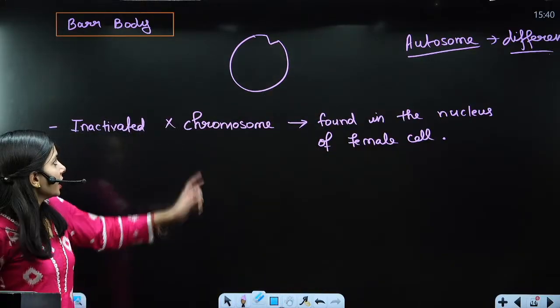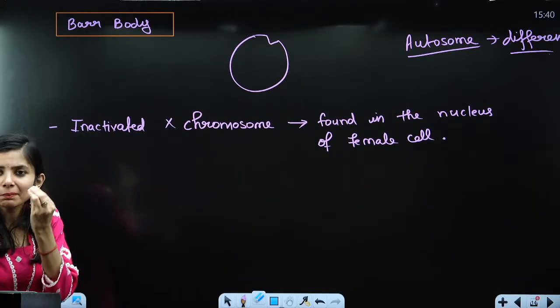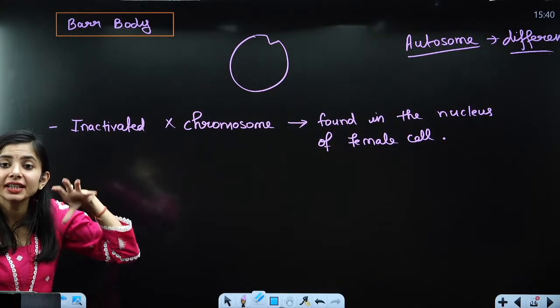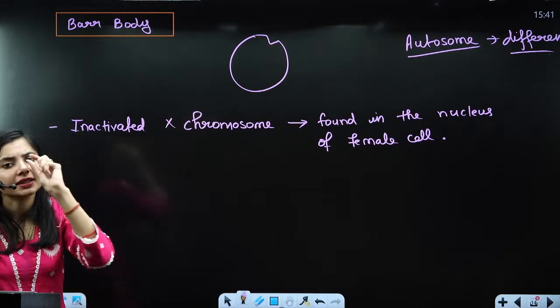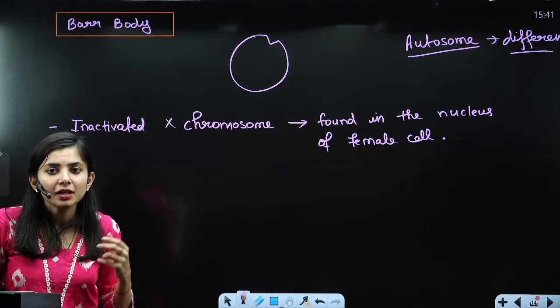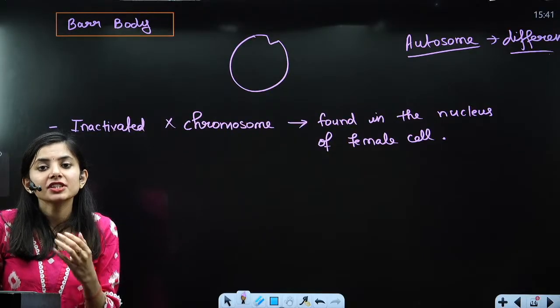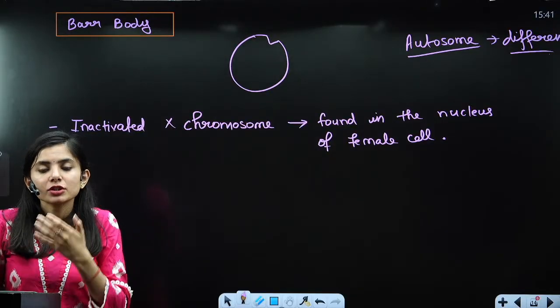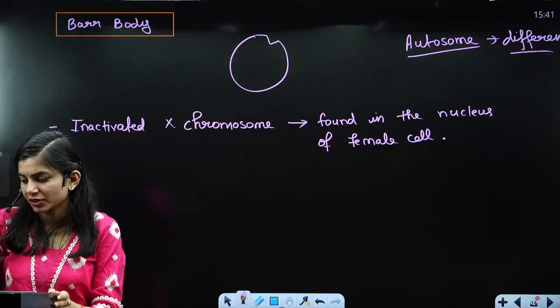Could you see? Earlier it was a circle, but let us suppose one part of the circle has a dark spot, and because the background is dark, that part of the circle is not visible. In the same way, the Barr body is that part of the nucleus of the female cell which is not visible, not clearly evident, and not showing this type of structure.